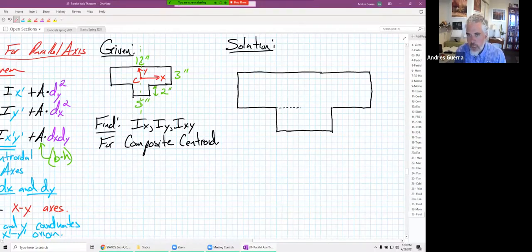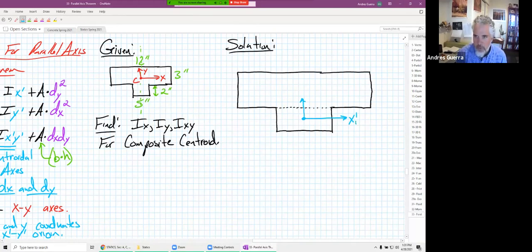And so we know that for the centroid of each rectangle, and I'm going to continue using blue, we know the moments and products of inertia about that axis for each segment centroid. Let me call this one X prime, just to be consistent with my notes here.